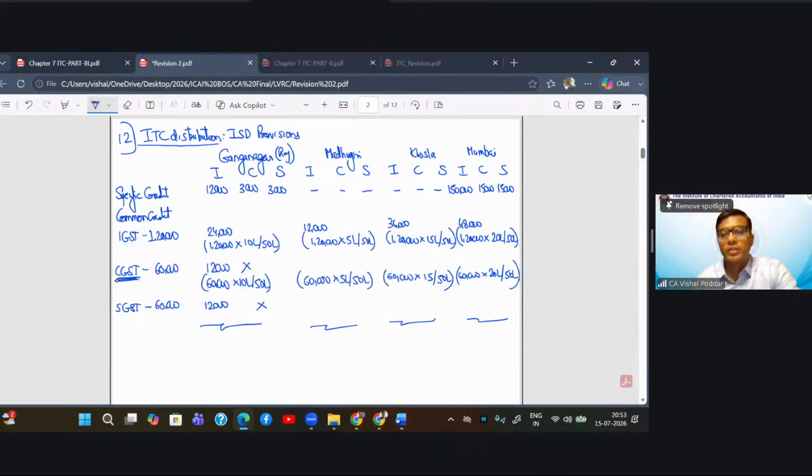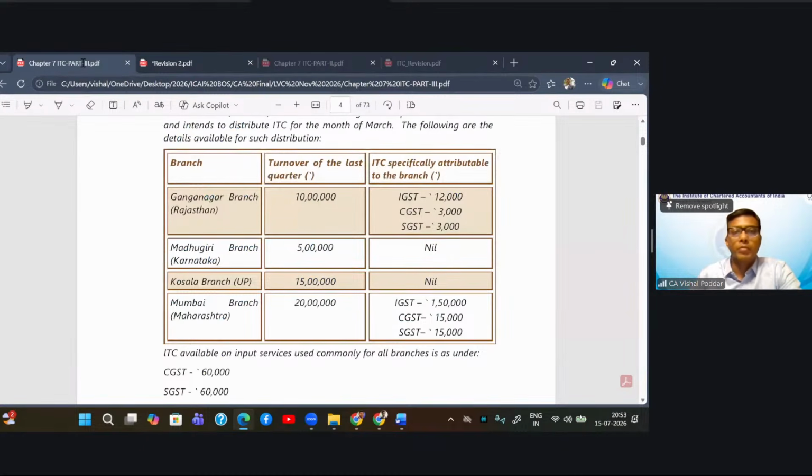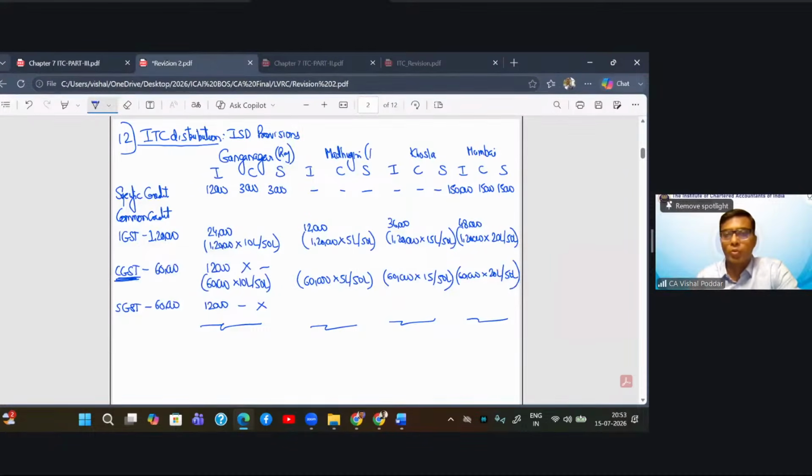Even though this is SGST, it will not come in SGST. Why? Because ISD is in Maharashtra and Ganganagar is in another state. Same, Madhugiri is in Karnataka, Osla is in UP. So for these two other states also, Karnataka and UP, I will have to follow the same rule. Correct?